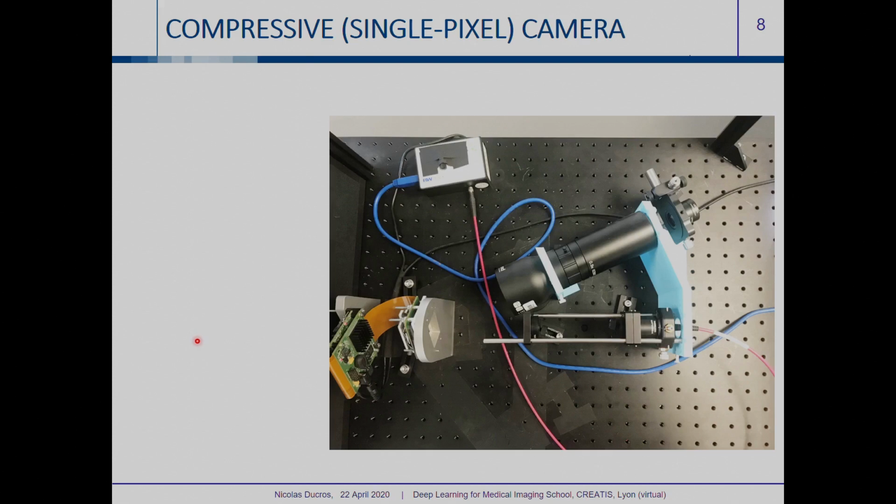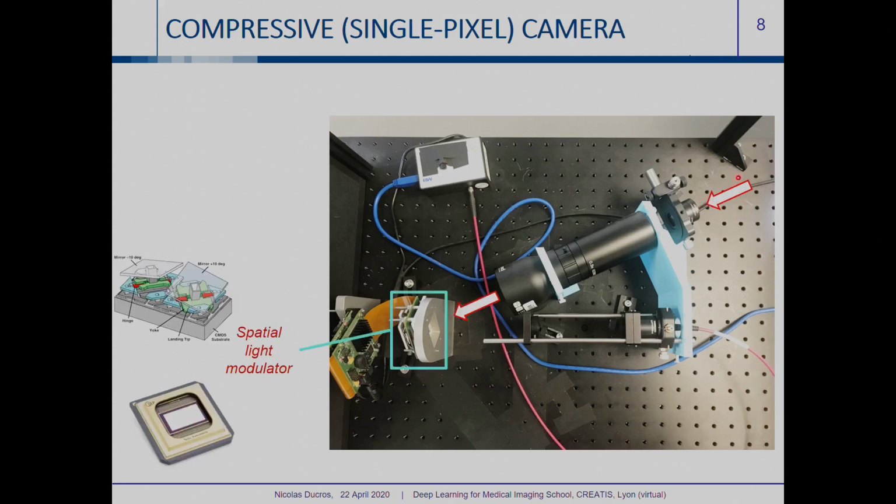The scene is here, so light goes in this way. The object will be here, and the image of the scene is reflected in a spatial light modulator, which is an array of micromirrors that can be tilted into two different states.